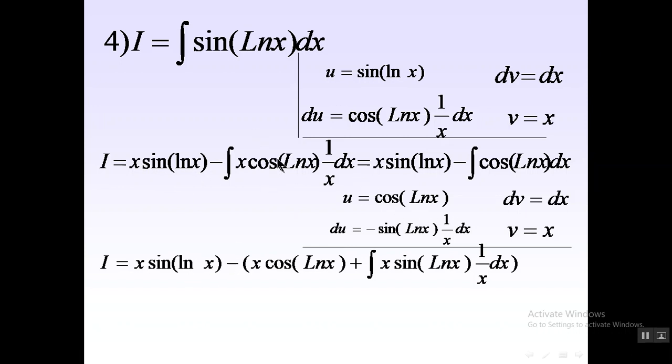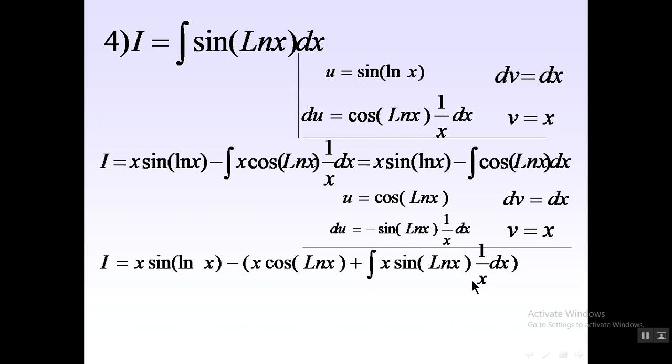We apply by parts to find it, so it is x times cosine ln x, uv, minus the integral of v du. V du is x multiplied by this, x times 1 over x times sine of ln x.